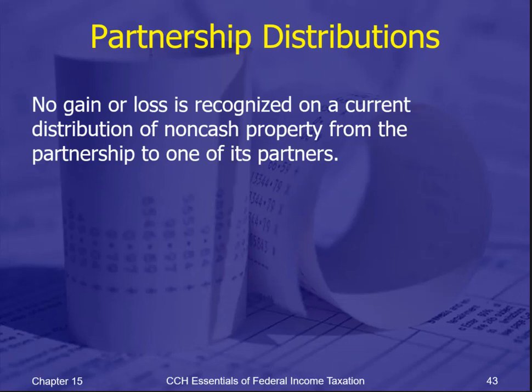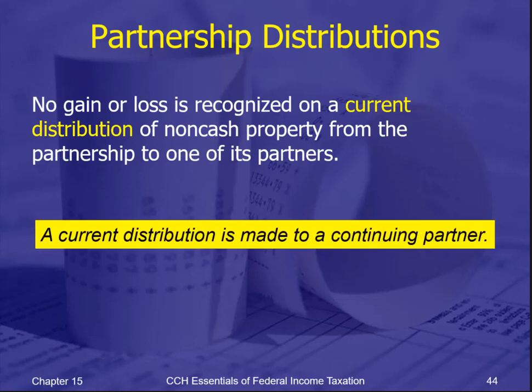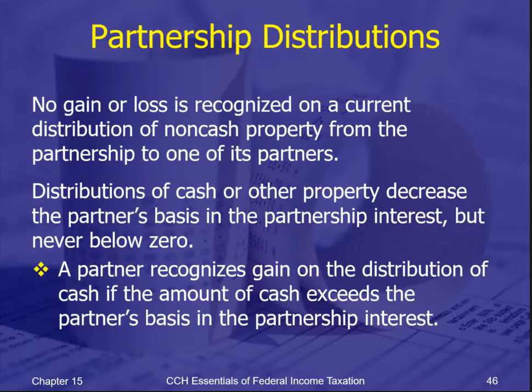There is no change in the basis as it gets distributed. A partner can receive current distributions. They're not taxable, but they can't decrease your partnership interest below zero. And if you do receive cash in excess of your basis, you have a taxable gain.